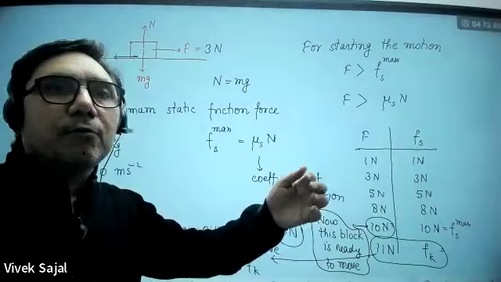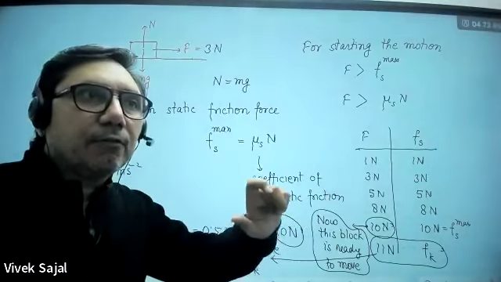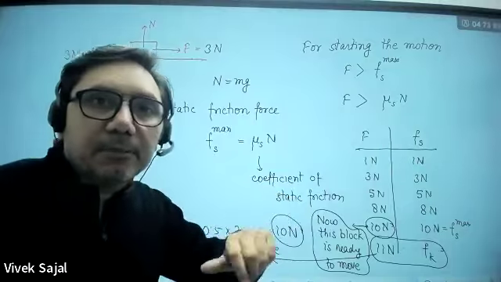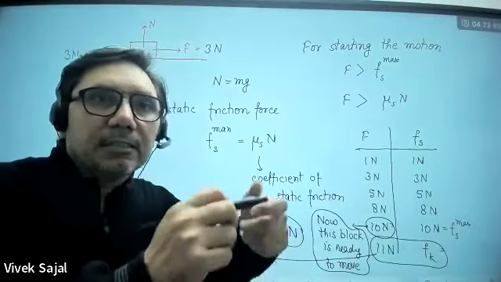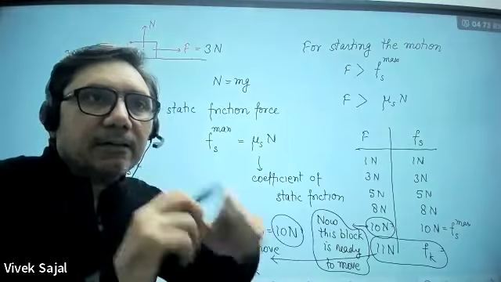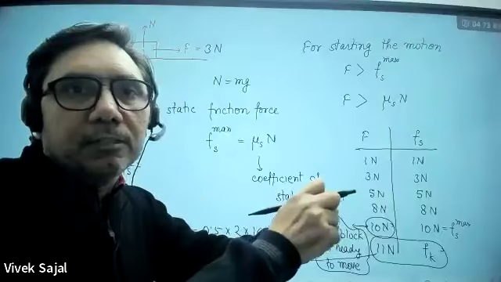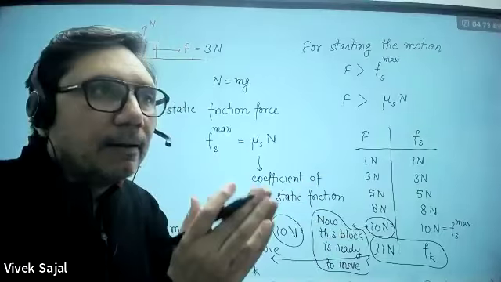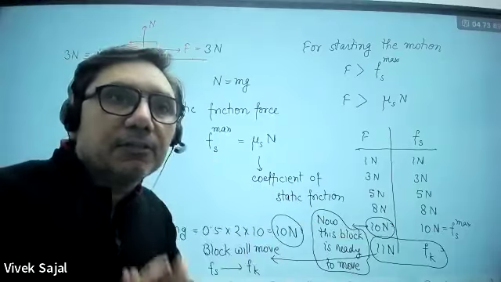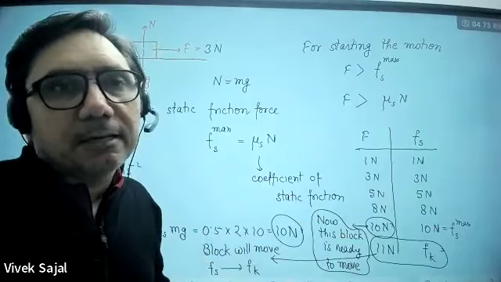If you are applying a force less than this, then the static friction force will be sufficient to stop the motion. This static friction force will not let the block move, because it is sufficient so that motion does not take place.